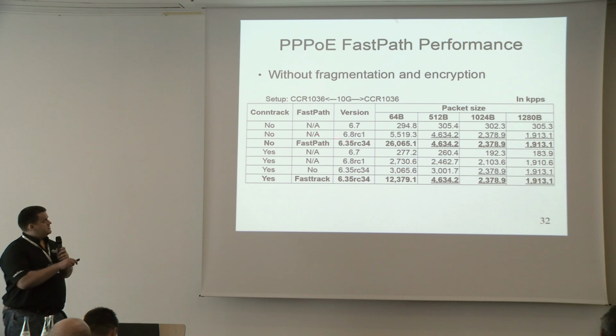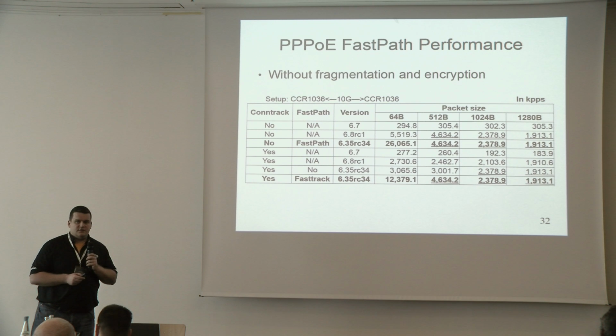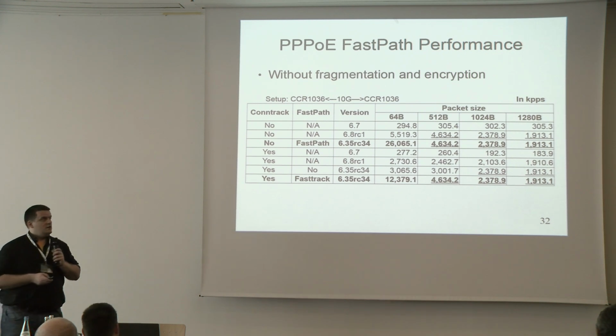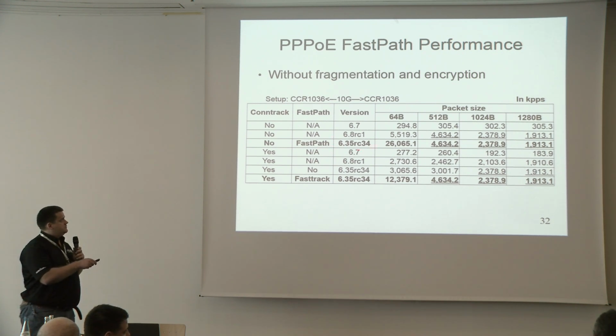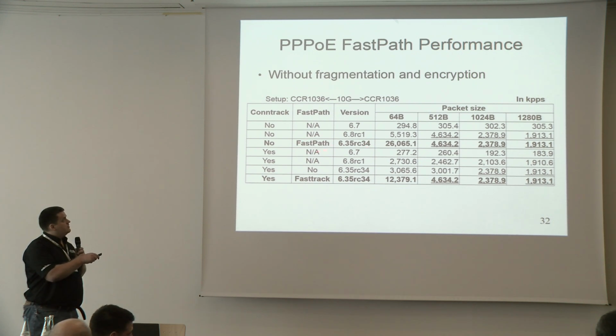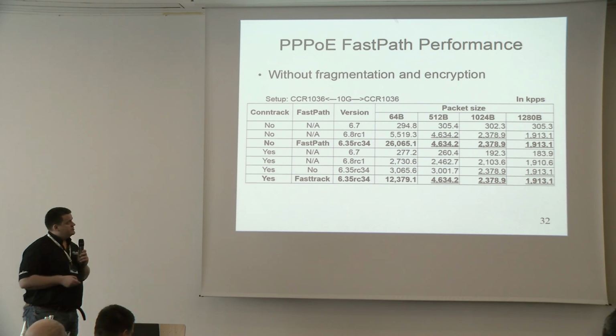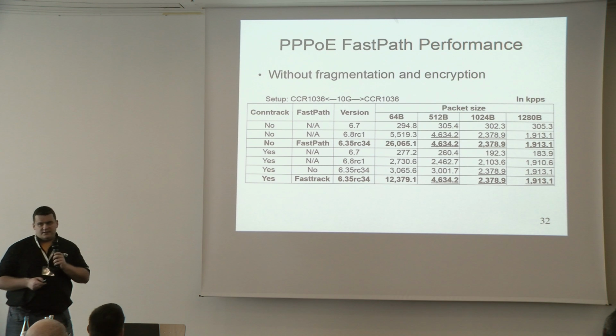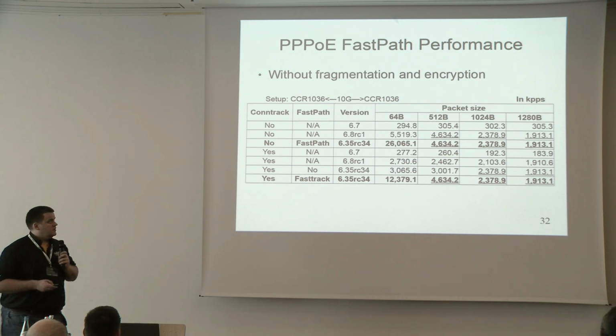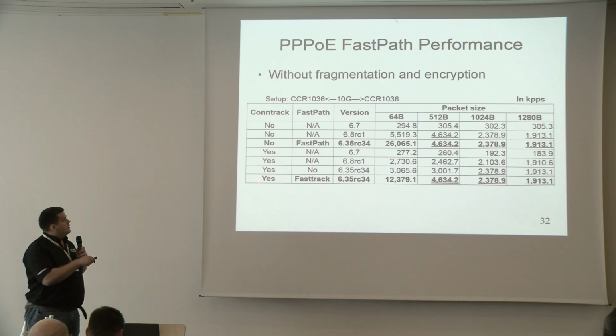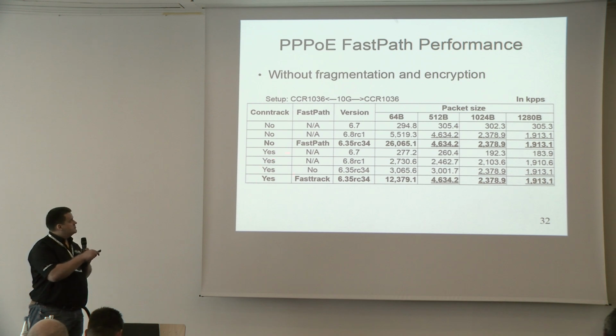Then we optimized some drivers for PPPoE, and we got up to 5.5 million packets per second through this single tunnel. And now, with the latest optimization, we added FastPath support for PPPoE client, and we got up to 26 million packets per second.